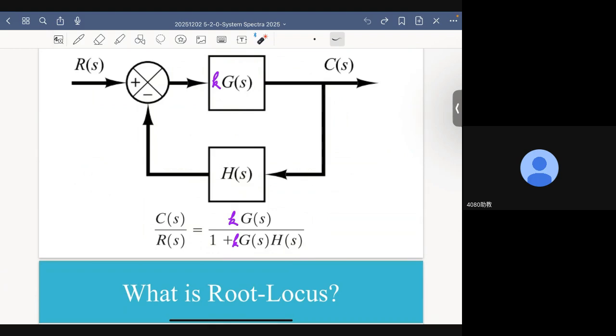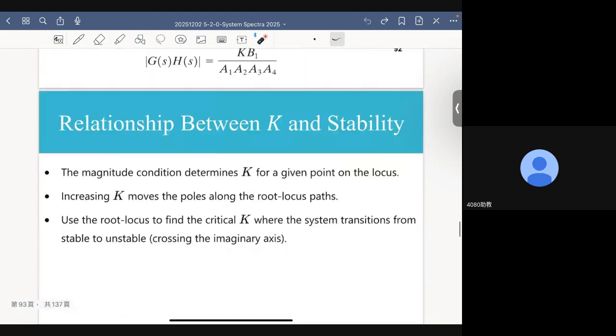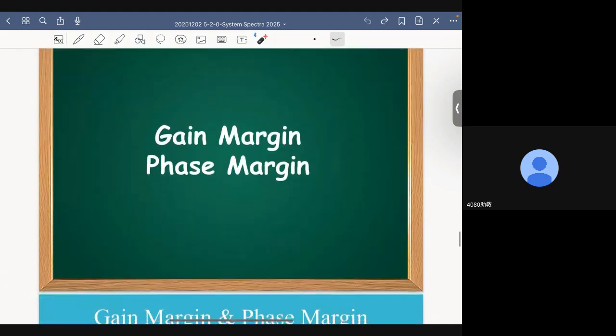And one governing factor for system dynamics is the poles, right? So locating poles in the right region is often a very important issue in controller design. All right. That's all we need to do about root locus.